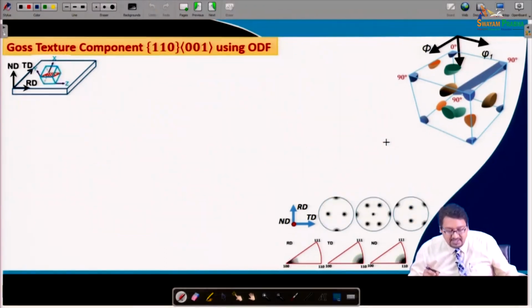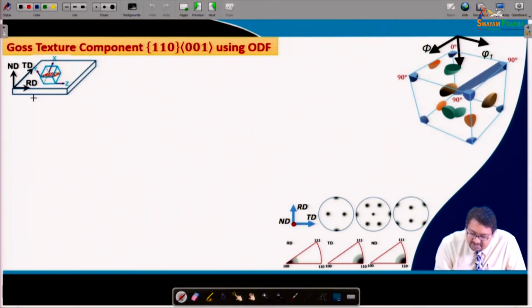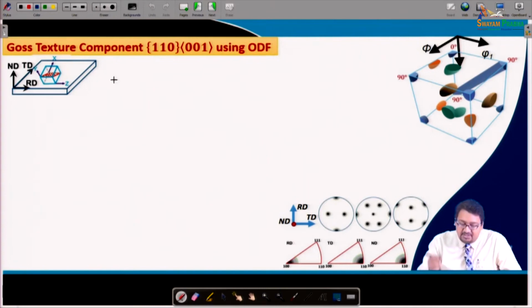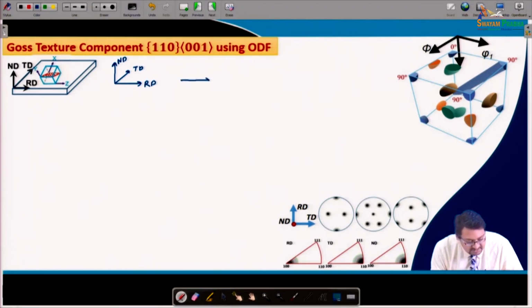Now, let us go ahead and observe this situation for the Gauss component, and for the Gauss component you can see that similar to the rotated cube component, we will be showing the specimen axis in terms of RD, ND, TD, whereas the sample axis in this case is basically 1 0 0, which is the x axis, say, or z axis, whatever it is, the x axis parallel, we will consider it as 0 1 0, and then the y axis we will consider it as 0 0 1.